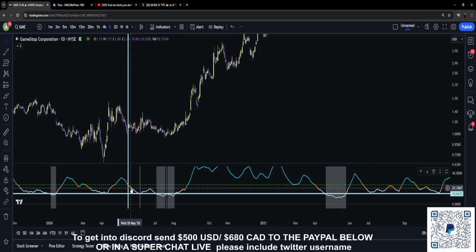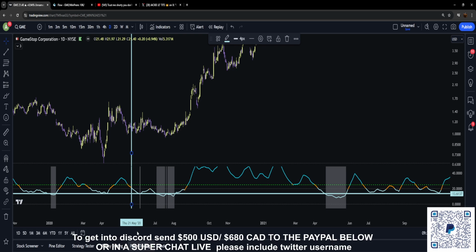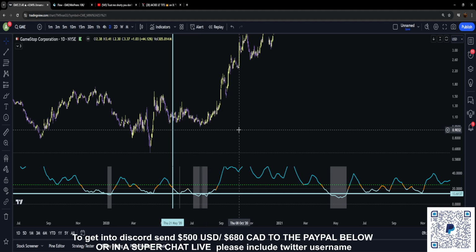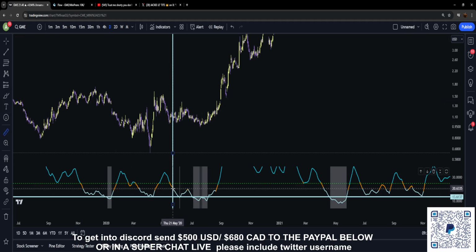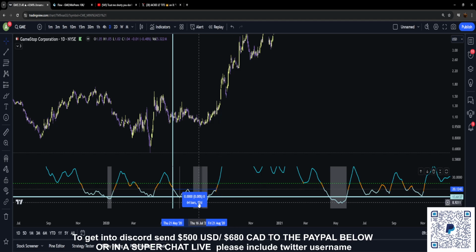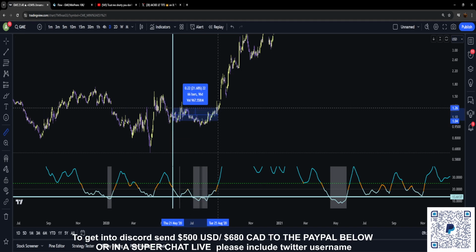GameStop's ADX drops below 20. When it drops below 20, not only does it drop below 20, it spends several weeks underneath 20. Several weeks, right? 92 days, 3 months, 64 trading sessions. 64 trading sessions of GameStop essentially sitting in this range.